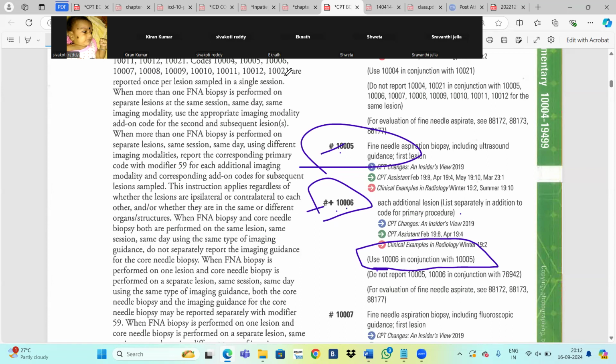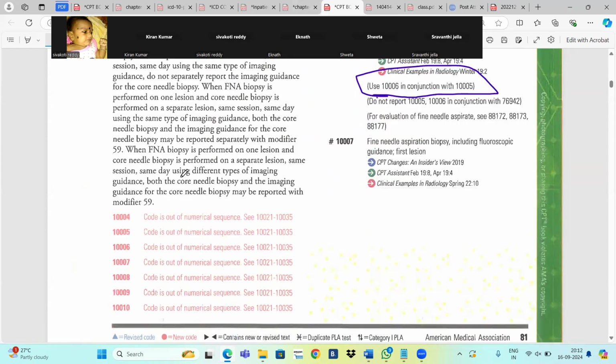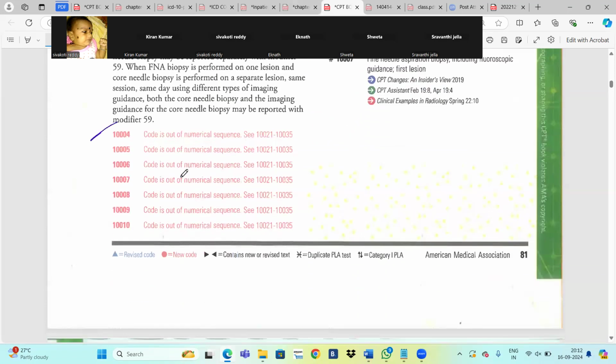Hash symbol means out of sequence. Now all the CPT codes you will get in sequence in the CPT book. But check here: the codes start with 13004, 13005, 6, 7, 8, 9, 10. They mention the code is out of numerical sequence, see 10021 to 10035, which means this code will be available in this range.